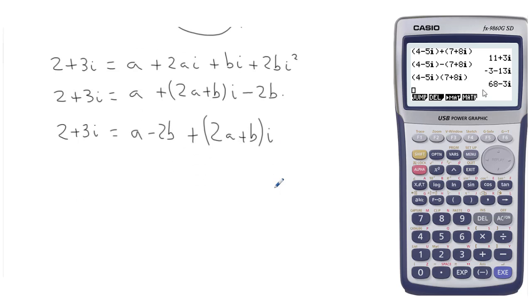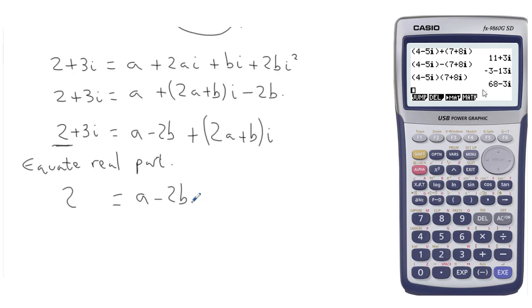There must be exactly the same amount of real component on the left, which is 2, as on the right. So equate the real part: on the left-hand side we have 2, which must equal a minus 2b.